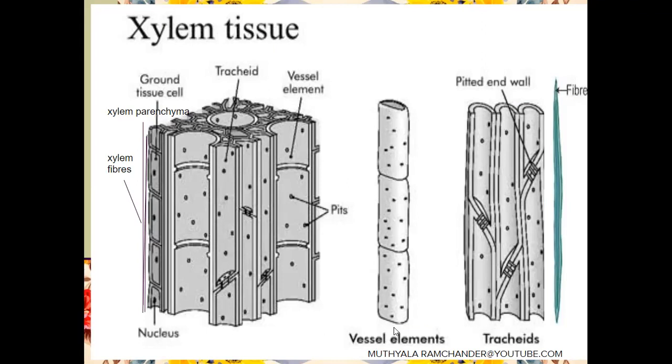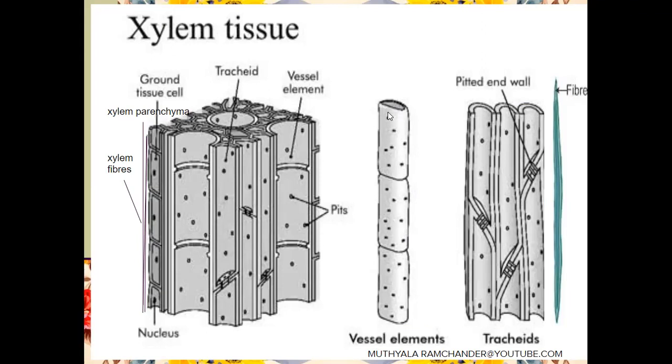The xylem vessel elements are made with a thick lignified cell wall. Below the cell wall, cytoplasm is present at the young age of the xylem cells, but at the mature stage the xylem vessels are dead at maturity.